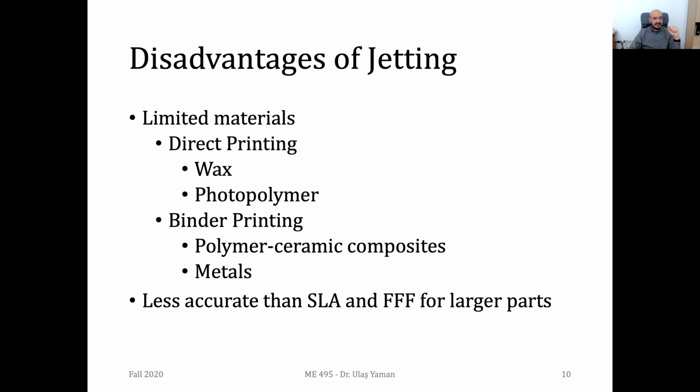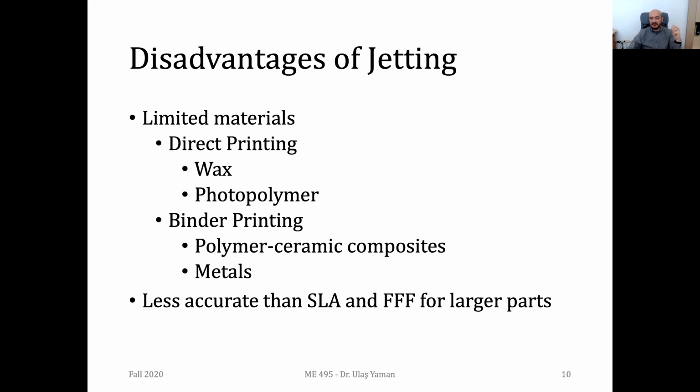Any questions, guys, on these fundamentals about material jetting and binder jetting processes? I didn't discuss much on material jetting, but on the material jetting side, the nozzles are responsible for jetting the original material.